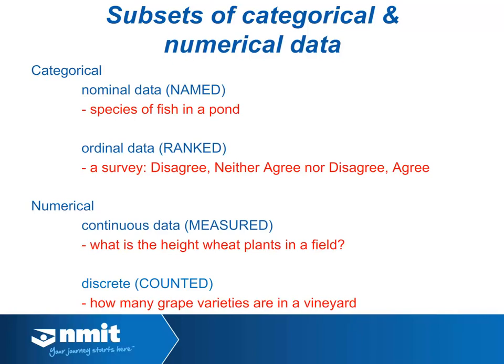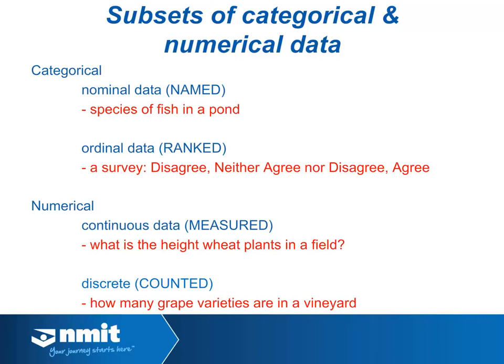We pigeonhole particular organisms into this manufactured classification, which is the species. Ethnicity is another classic one there. We're not measuring it based on particular enzyme levels. We're doing it on predefined names that we give particular groups of human beings or other organisms. So that's categorical nominal data. They're named.